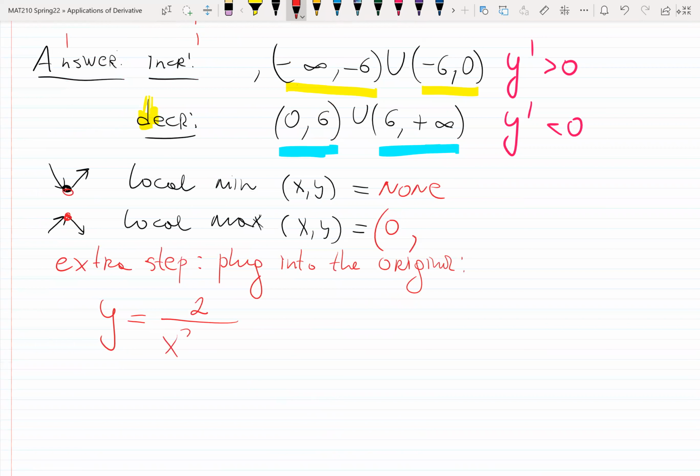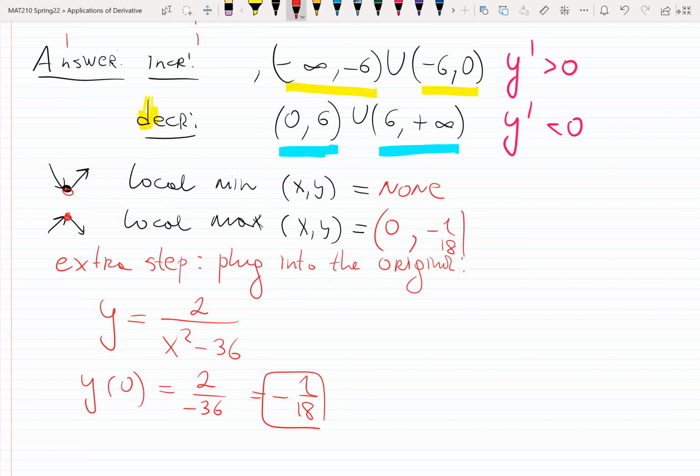Y at 0 is 2 over minus 36, which is negative 1/18. That is how high the local maximum is.